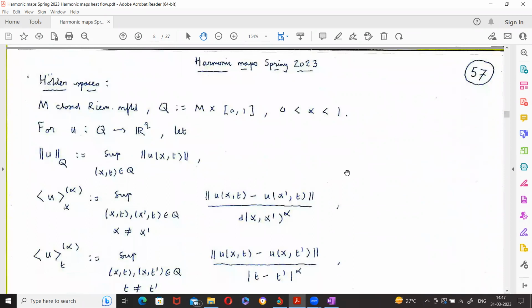All of you know what an alpha Holder function is, right? From a metric space to another metric space. That means that d of f x, f y is less than a constant times d of x y to the power alpha, where alpha is in between 0 and 1. Okay. That's called an alpha Holder map, right?